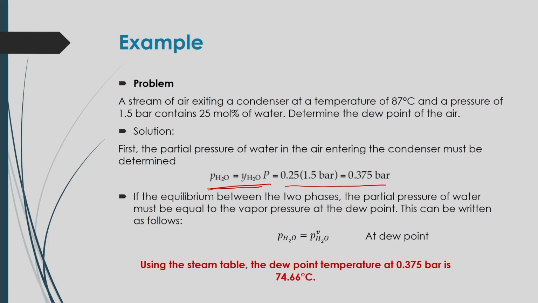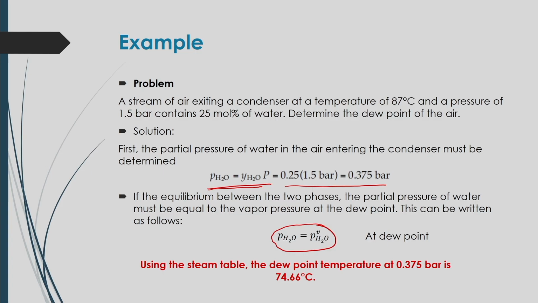Now, if equilibrium between the two phases exists, the partial pressure of the water must be equal to the vapor pressure at the dew point. This can be written as partial pressure equal to vapor pressure.